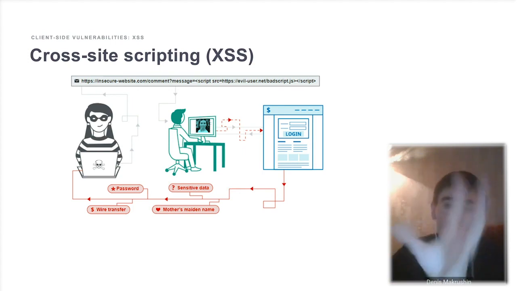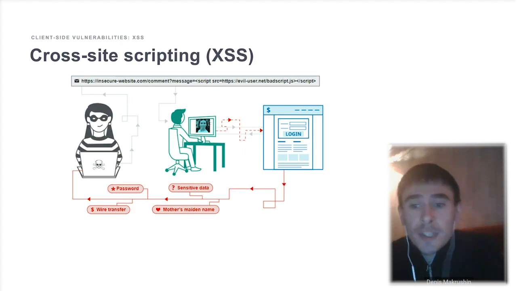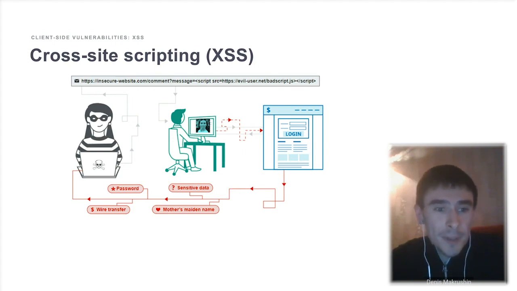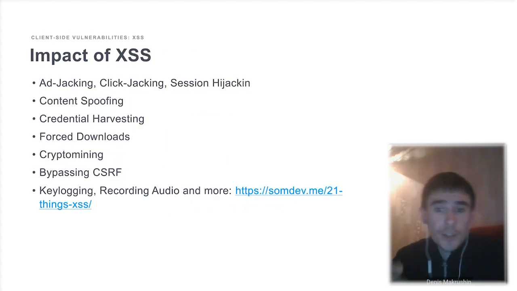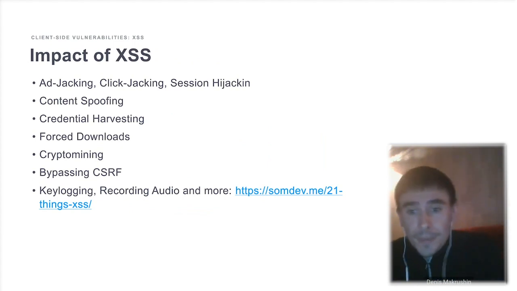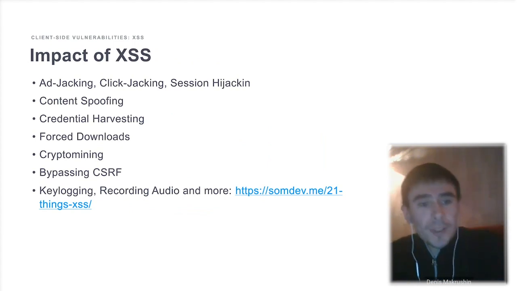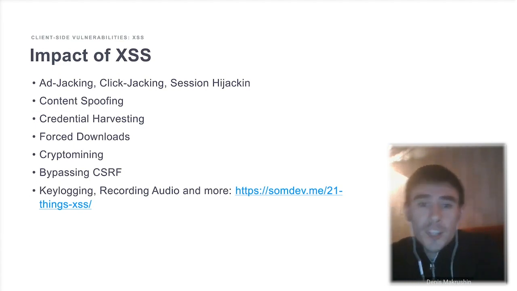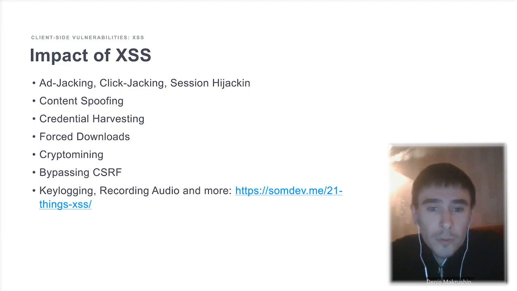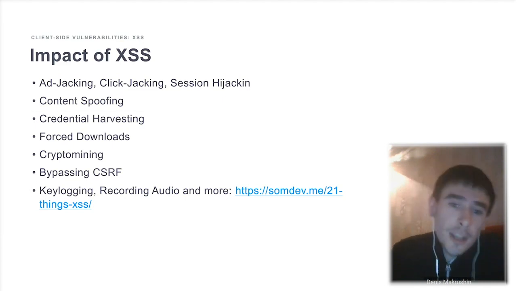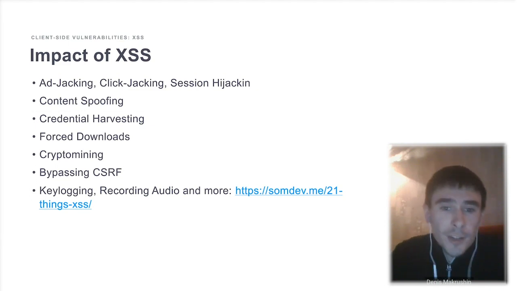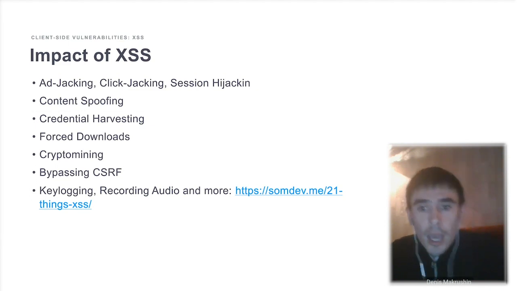This example on the screen demonstrates that you can share a link with your target, your target opens the link, and then something happens. What could happen? This is an example of what you can organize. First of all, clickjacking, session hijacking, etc., that you mentioned. You can spoof the content, a good platform for phishing. You can steal the credentials. Not so interesting, but it depends on the vector and on your goals.